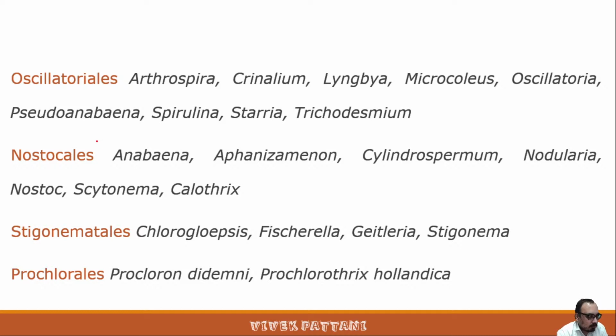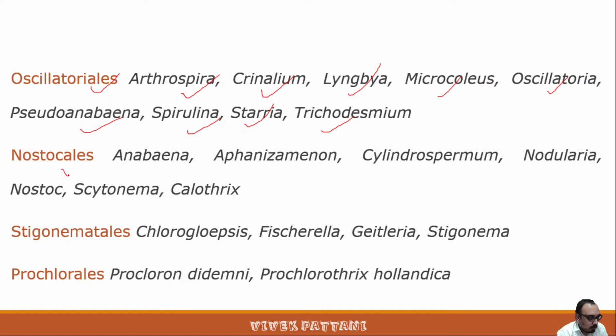The next family is Pleurocapsales, which includes Crocosphaera, Dermocarpa, Dermocarpella, Myxosarcina, Pleurocapsa, and Xenococcus. The next family is Oscillatoriales, which includes Arthrospira, Crinalium, Lyngbya, Microcoleus, Oscillatoria, Pseudanabaena, Spirulina, Starria, and Trichodesmium.